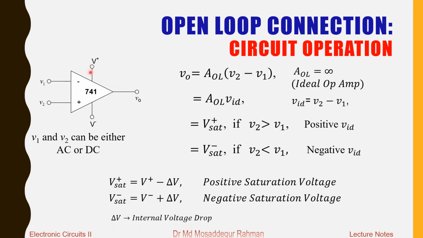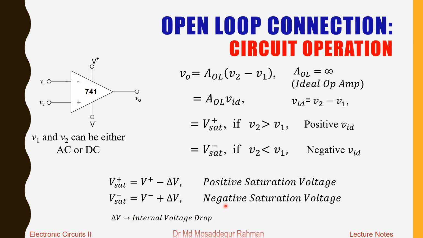We are applying the supply voltage at pin 4 and pin 7, and you are taking output from another pin, pin 6. Now you cannot have exactly the same voltage, because there is circuitry inside the op-amp, and there will be some voltage drop in those circuit components, so the output voltage will be slightly less than the voltage that we apply at these terminals.